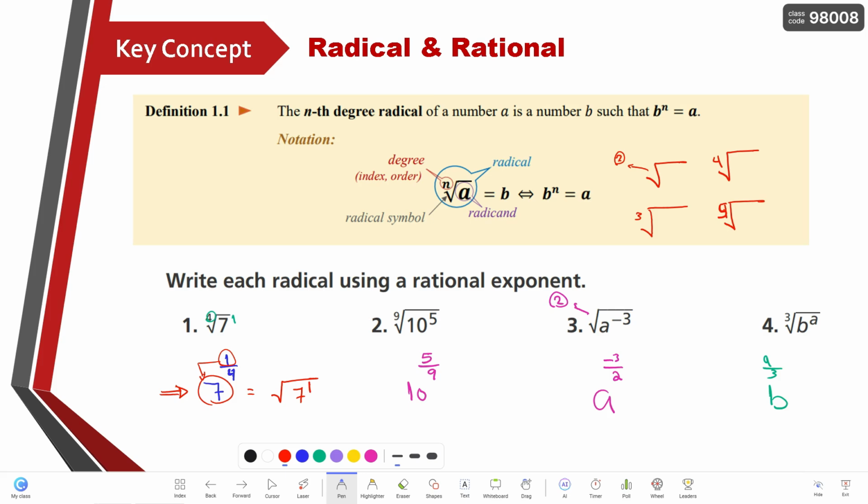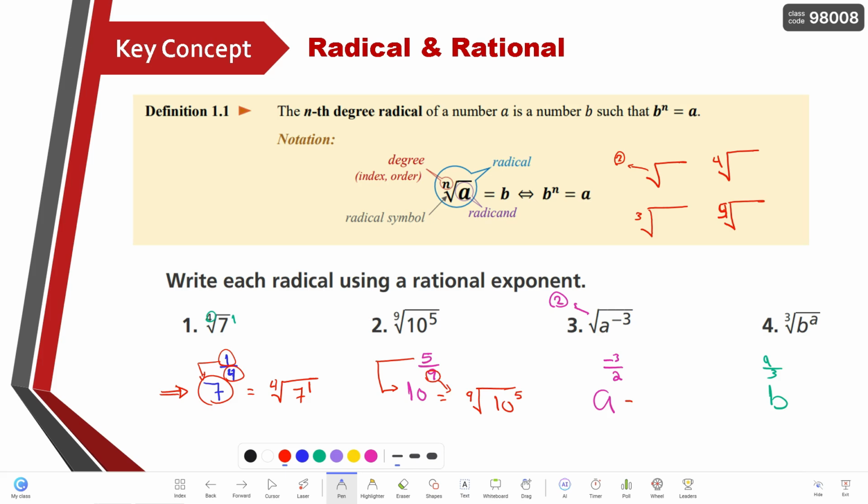So here we have 1, and 4 would be the degree of our radical, so this would be 4. We can do the same thing here. We can write the radical symbol and then write the 10, and then we can say that the 5 as a numerator would be the power of this number, so this would be 5, and this would be the index of our radical form, so this would be 9.